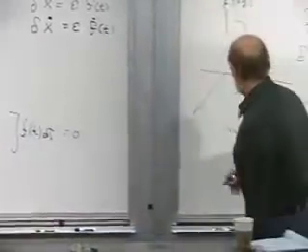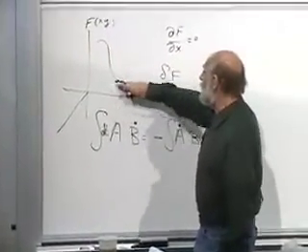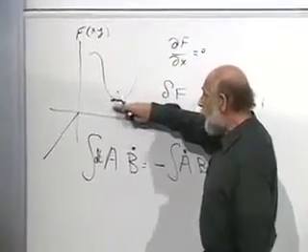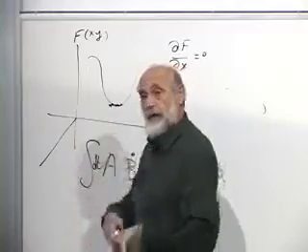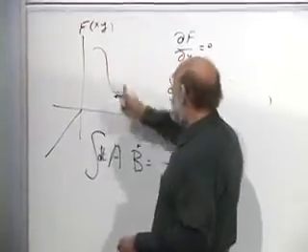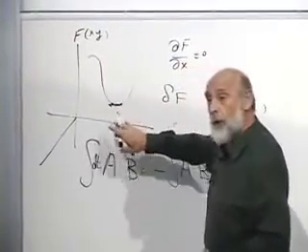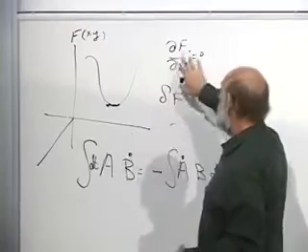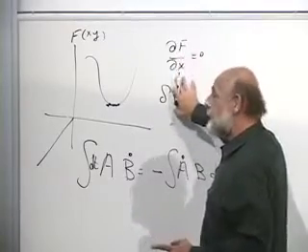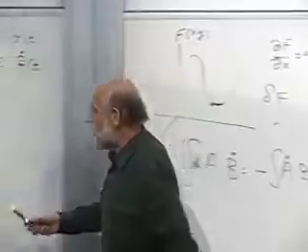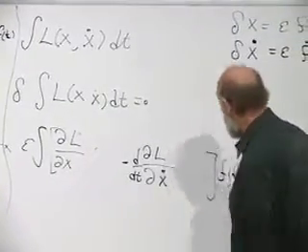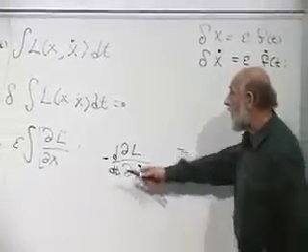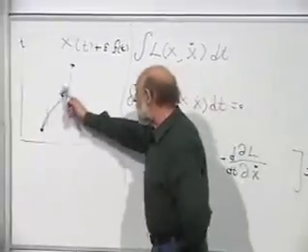This is analogous to testing the function in all possible directions, all possible variations. If you require that f be stationary with respect to all possible variations, it tells you that all of the derivatives equal 0. The analog here is that what's in the bracket must be 0 for all times between here and here.